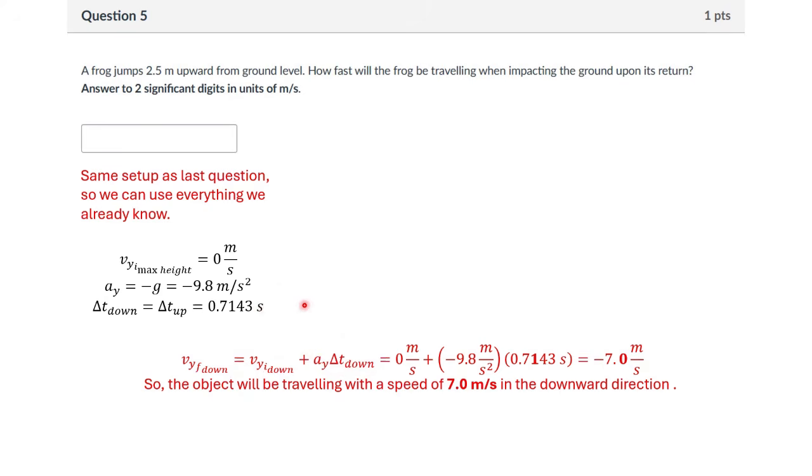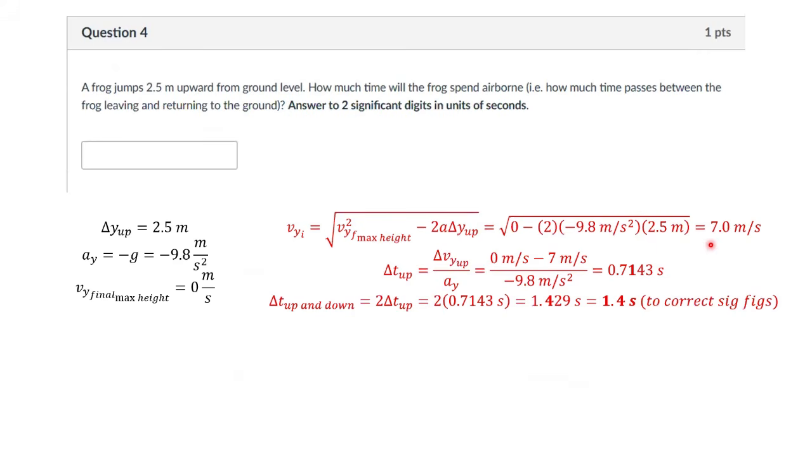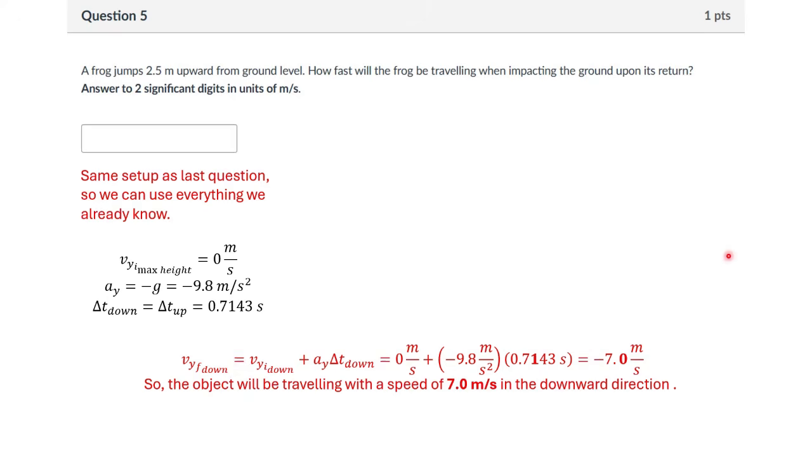Amount of time goes there, acceleration goes there. This is 0. And we'll end up with -7 meters per second. And what you might notice is that is exactly equal to the velocity we started with going up, but in the opposite direction, which is also necessarily the case if you are in a free fall situation and leave from and return back to the same height.